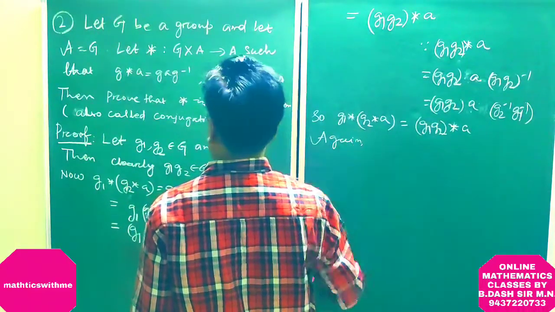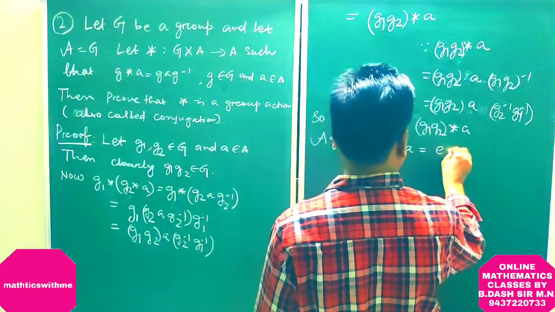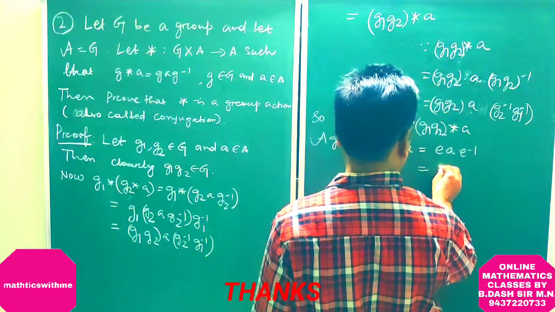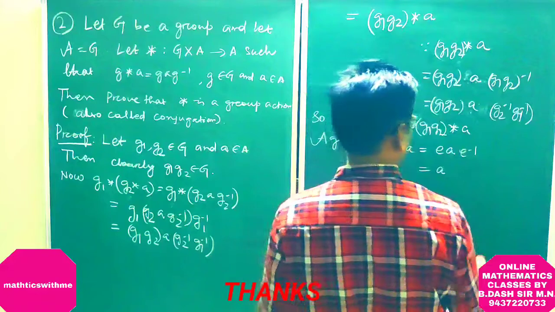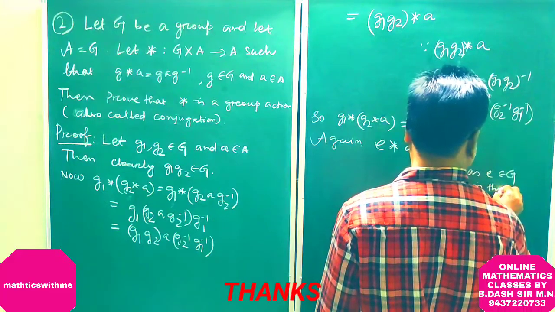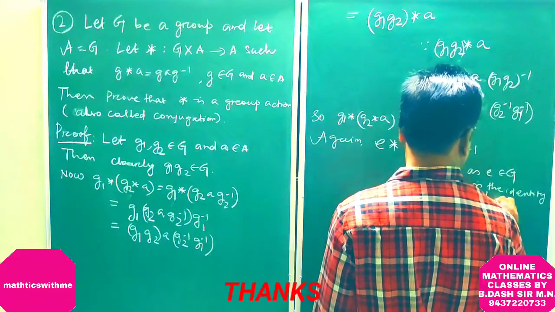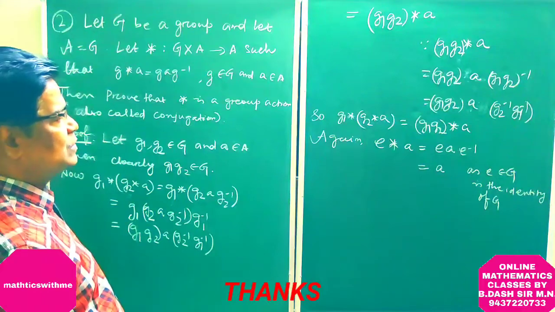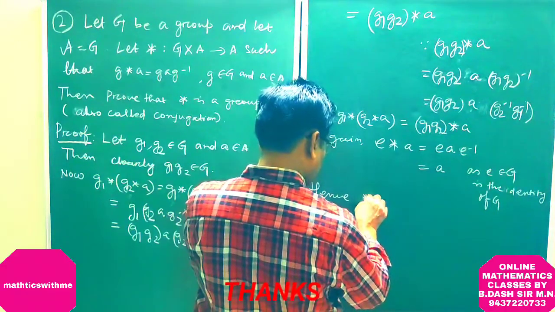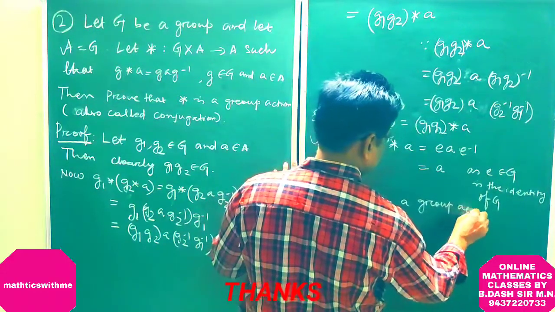Again, e star a is equal to e a e inverse, which is obviously equal to a, as e belongs to G is the identity of G. The second condition is also proved. Hence, star is a group action.